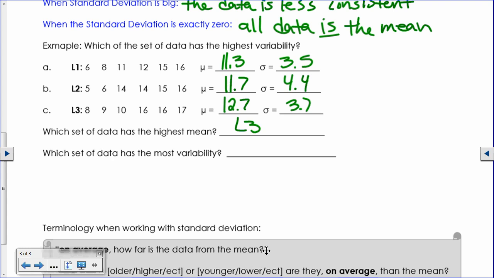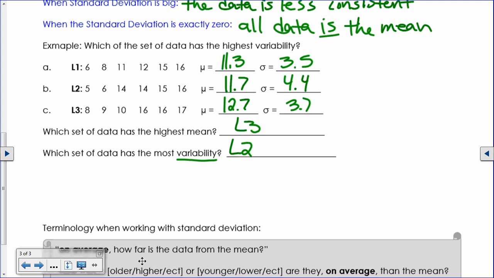So if I ask you which set of data has the most variability, so that means the most variable. Which one is most varied? It would be, yeah, list 2. Most varied means that it's more spread out. Varied means different. If you guys don't know that word.